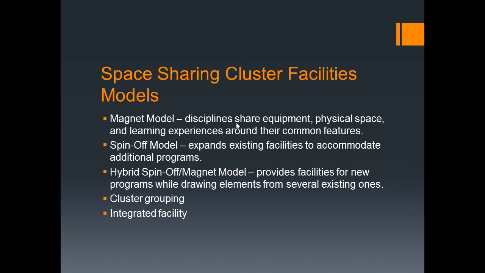The first, the magnet model. Different disciplines share equipment, physical space, and learning experiences around their common features. So let's say I've got a drafting lab, got 20 computers. Why can't that drafting lab be used when I don't teach class for, let's say, a keyboarding class or a Word class?